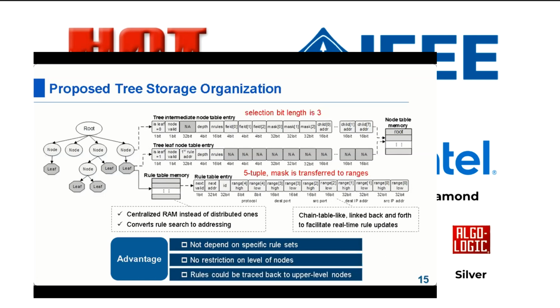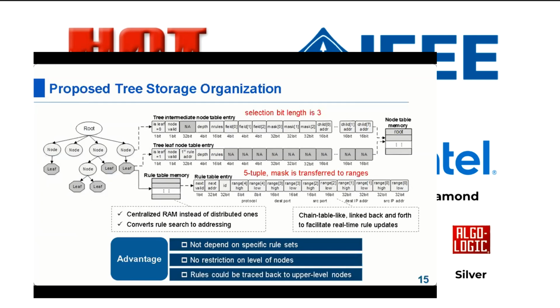They link back and forth to facilitate root updates. These two types of tables are stored in two centralized on-chip RAMs instead of distributed ones as in a fully pipelined design. Therefore, the tree traversal to search a root is converted to the addressing process.